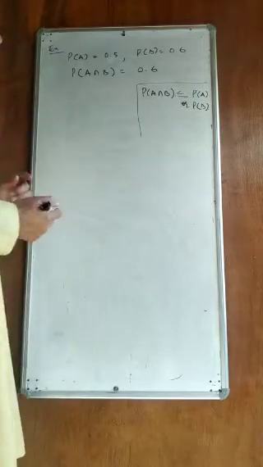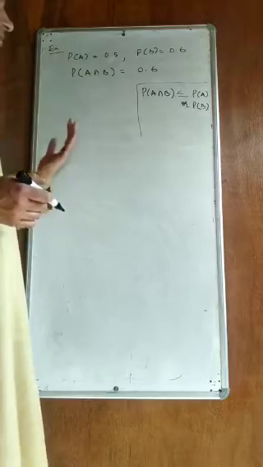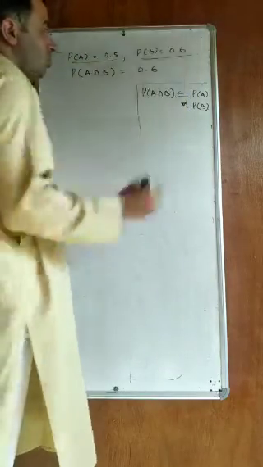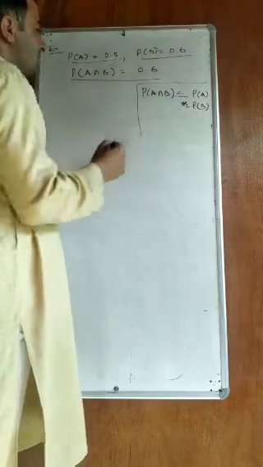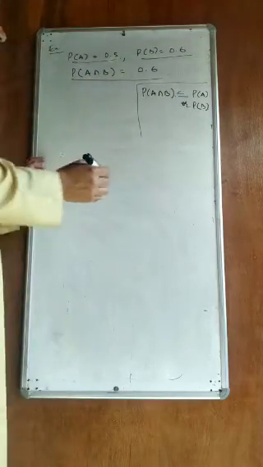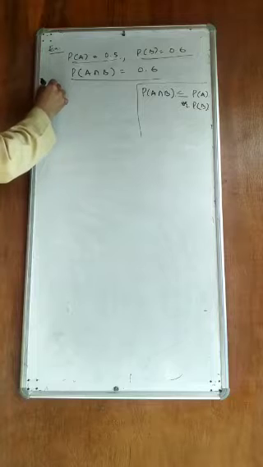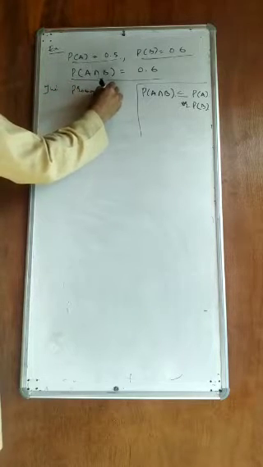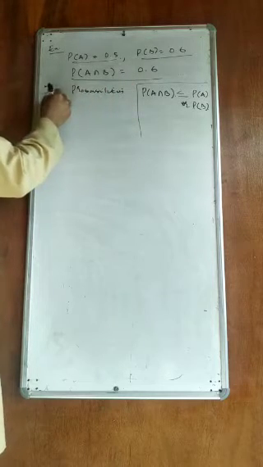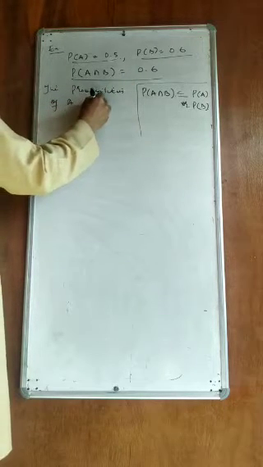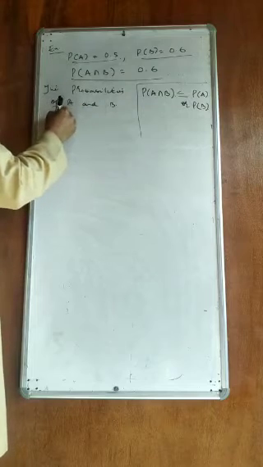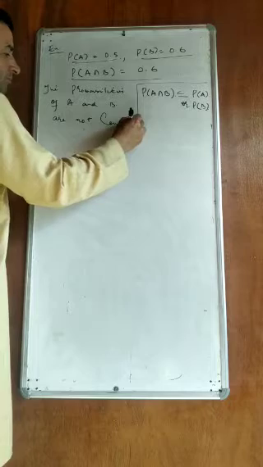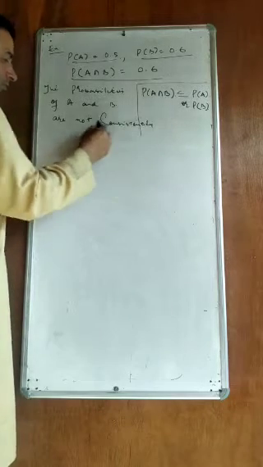So here you have to check whether the probability is consistently defined. Here probability of A is 0.5, probability of B is 0.6, probability of A intersection B is 0.6. So here you can write the probabilities of A and B are not consistently defined.